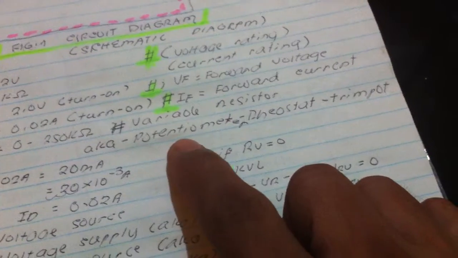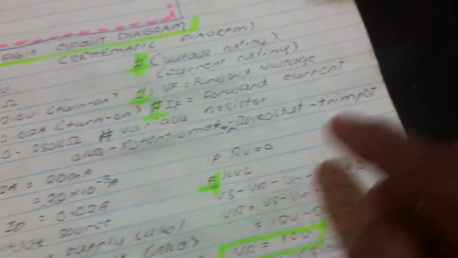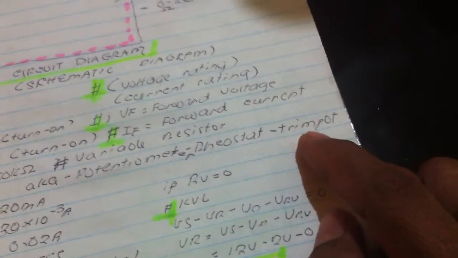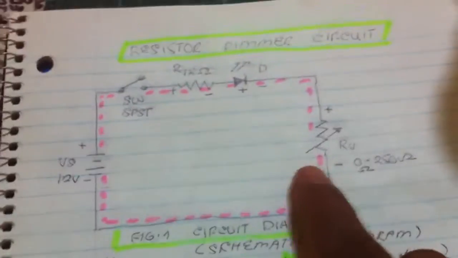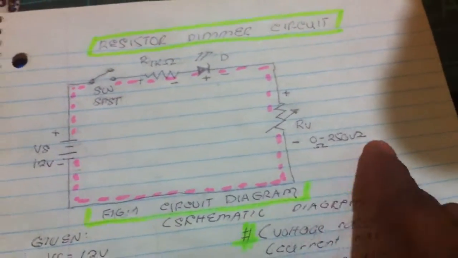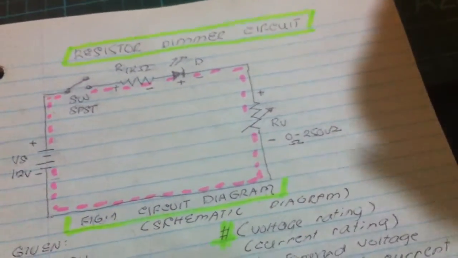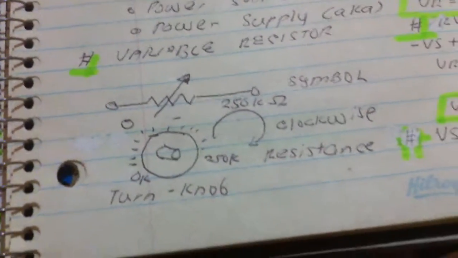Potentiometer for the electronics technician, and trim pot for the electronics hobbyist. But here we're using variable resistor. That is variable resistor, or also trim pot, or potentiometer, or rheostat, whatever you call it. And that is the symbol here.